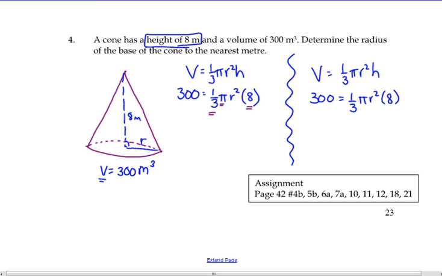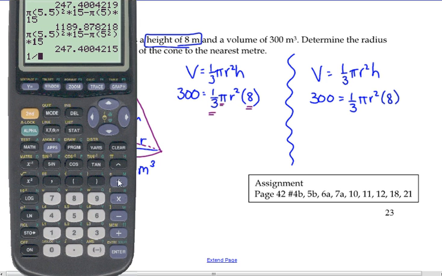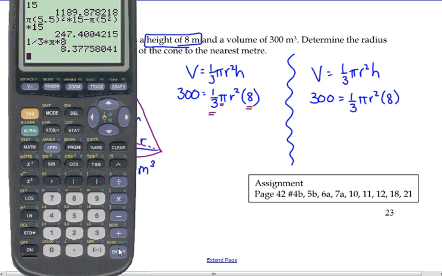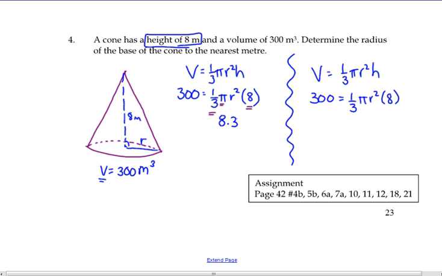In our calculator we're going to type in 1/3 times pi times 8. We're going to use our exact values, so I'm going to write down 3 or 4 decimal places. So 8.378 times r squared equals 300.